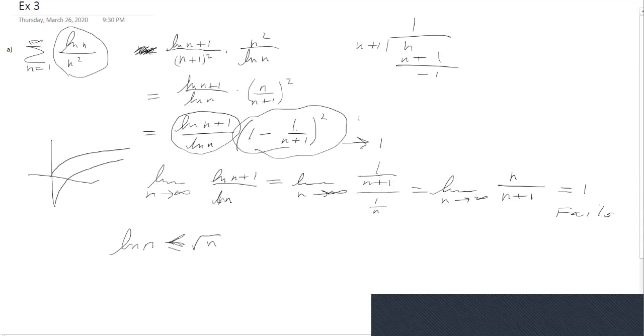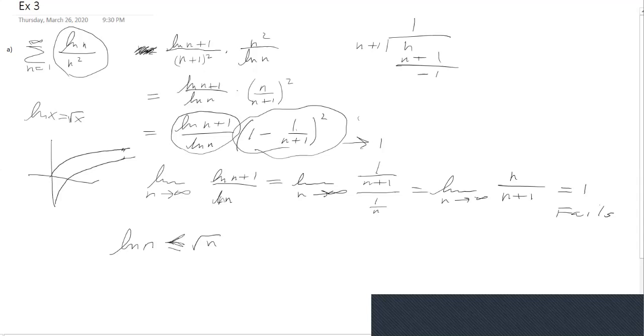So the question is, do they ever meet? And how could you verify that? Well, you could assume that they do and then show that that's impossible. Assume that, say, natural log of x equals square root of x. Assume that that's true for some x and then show that that's impossible. That'd be a way to do it.